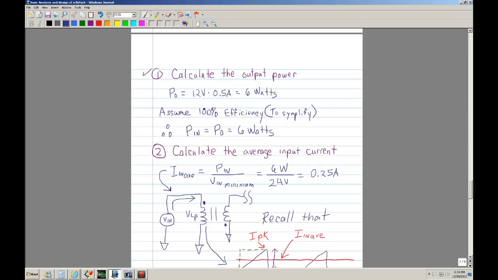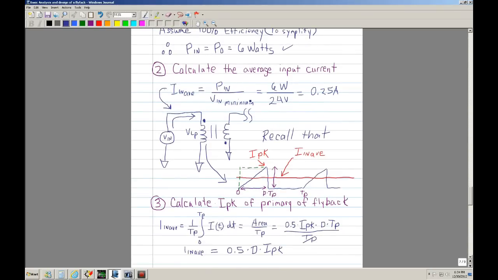Now we're going to assume an efficiency of 100%, and the reason I'm using 100% is to simplify things. So if the output is 6 watts, then the input is also going to be 6 watts. Power in is equal to power out, and that's 6 watts.